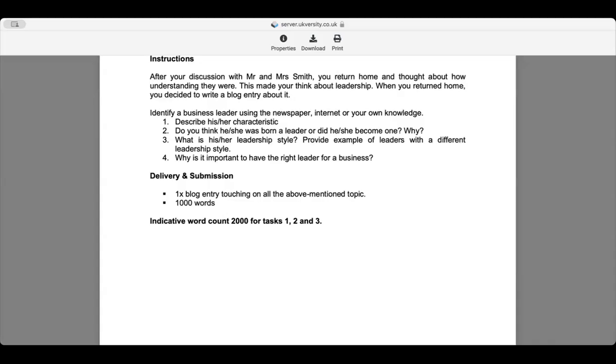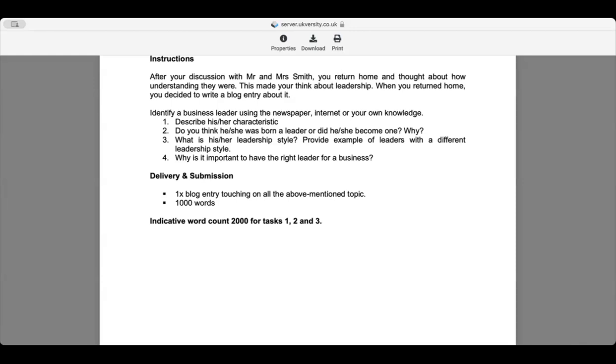Characteristics of the leader. Describe the leader's key qualities. If you remember, we discussed the characteristics of the leader in yesterday's session.